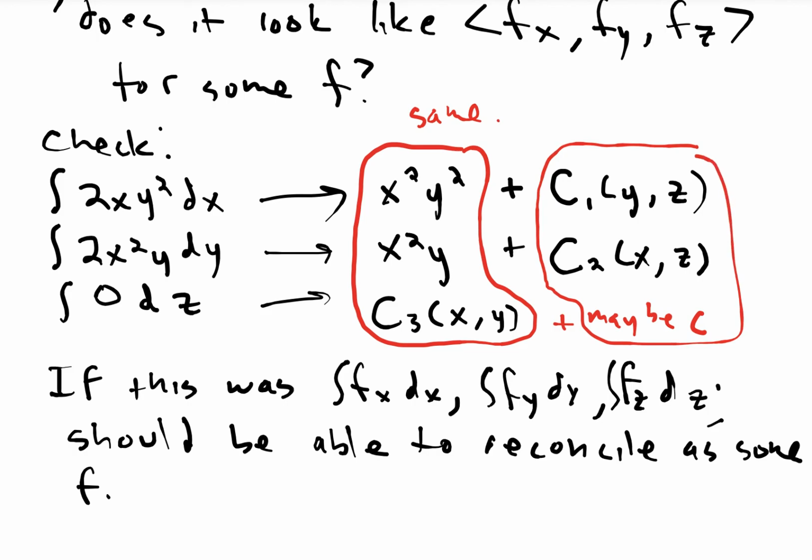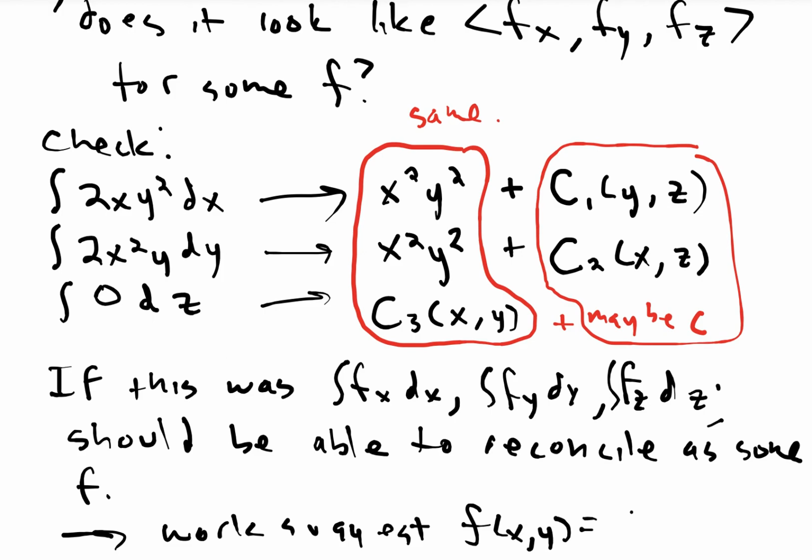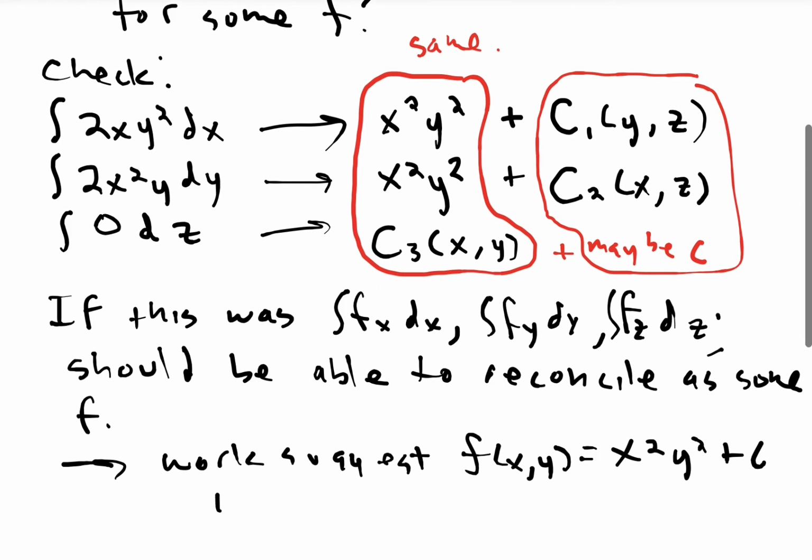If the only thing that involves x's and y's is x squared plus, oops, had my antiderivative wrong here, x squared y squared, and then maybe I have some sort of constant on the end, then sure, okay? This work is going to suggest that if I go ahead and make that assumption, x squared y squared plus some c on the end, that guy is going to be a good potential function.